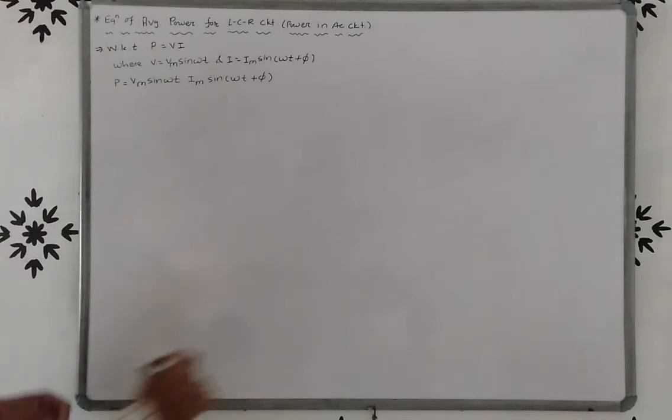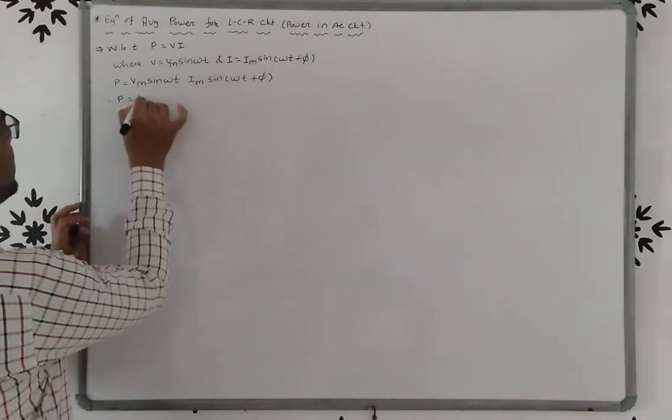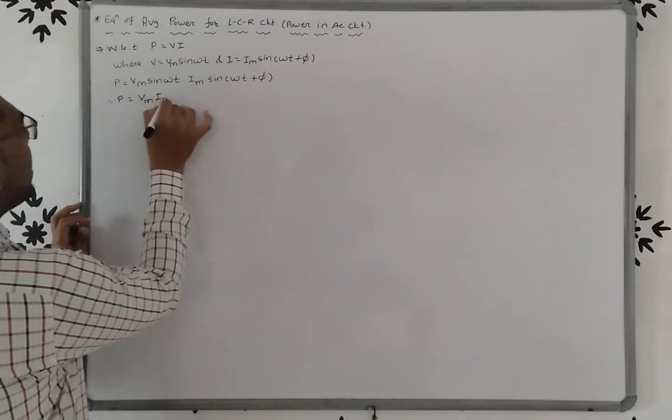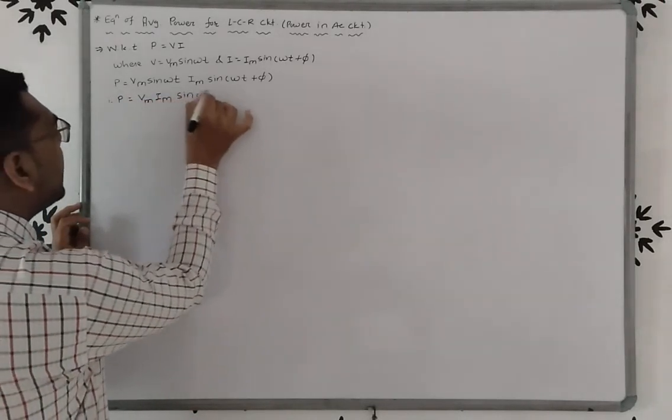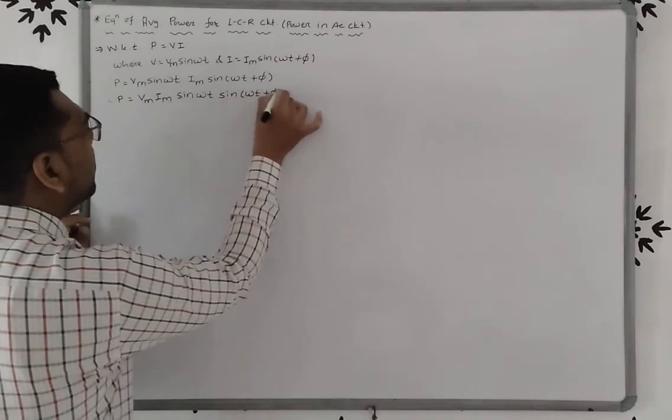So here we write the equation like this: Vm Im sin omega t sin omega t plus phi.